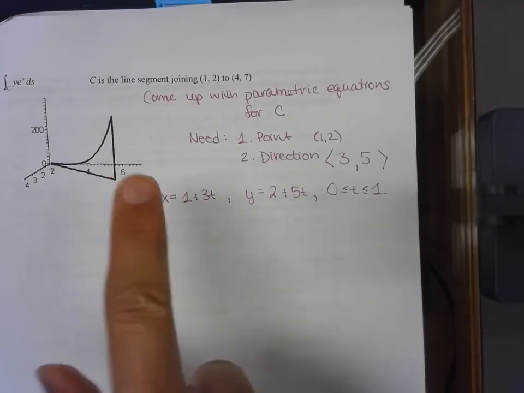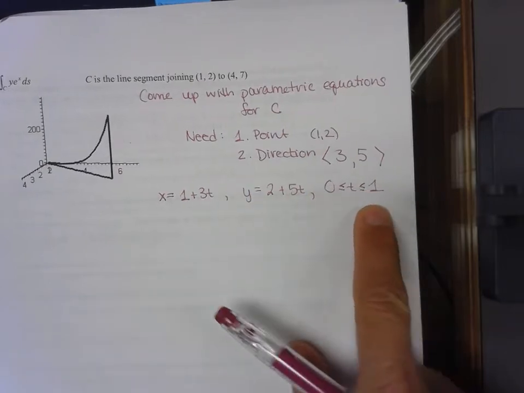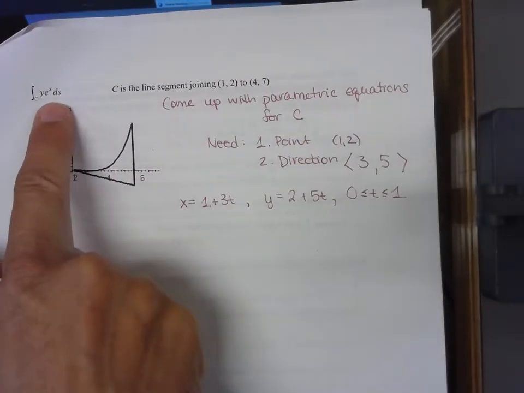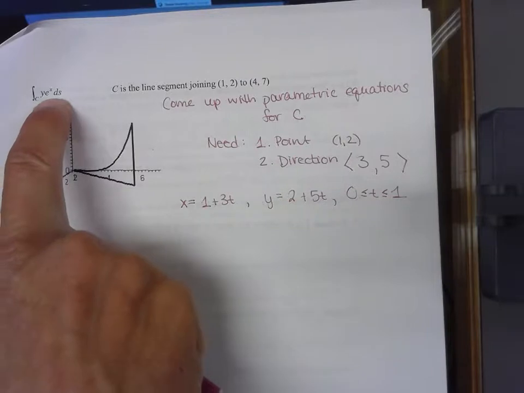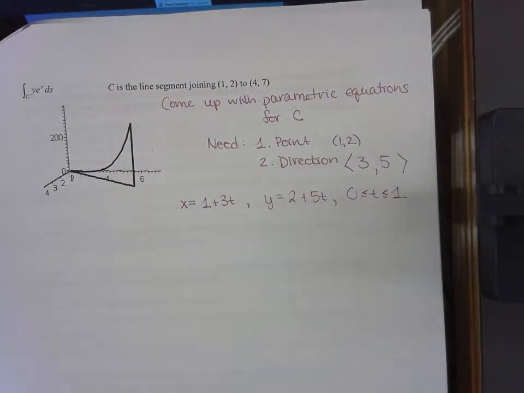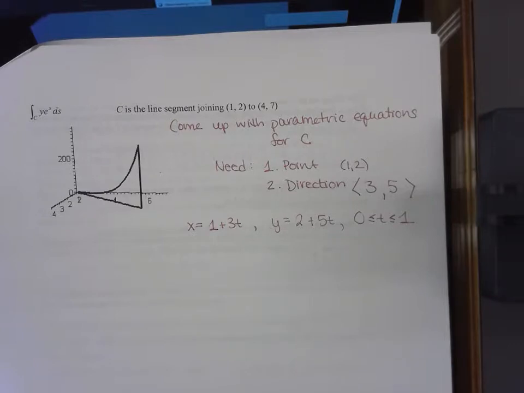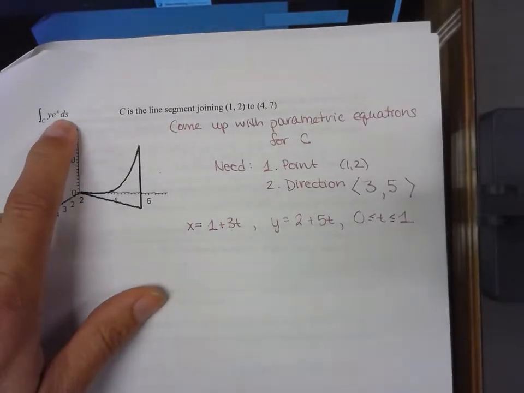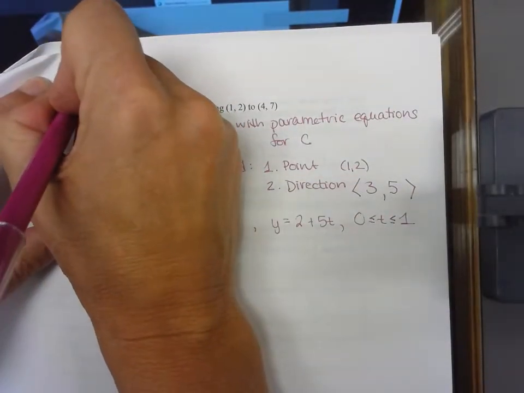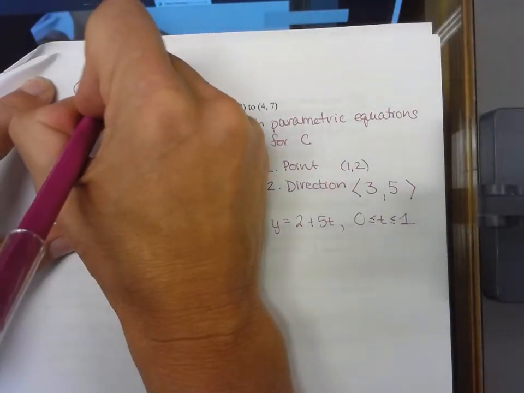Okay, so now we're at the point where we started out on the last one. We have x, we have y, we have limits for t. So the first thing I want to do is find ds, but before I do that, I just want to mention that there are some problems on the group work that, instead of ds, might just have dx or dy.